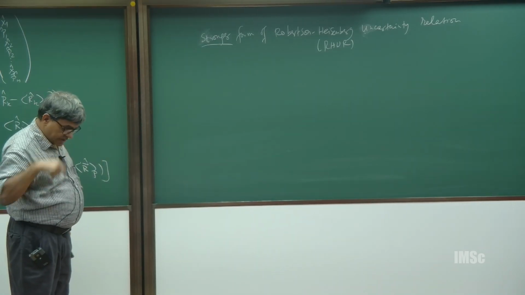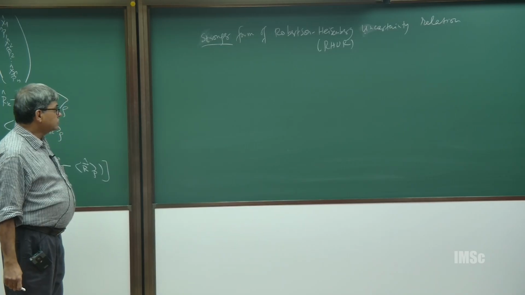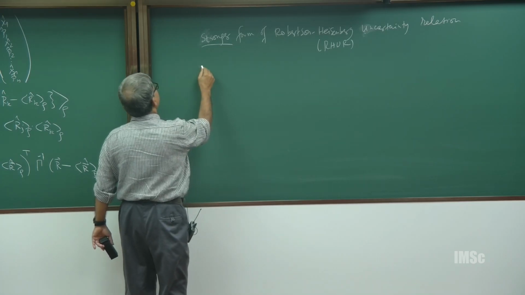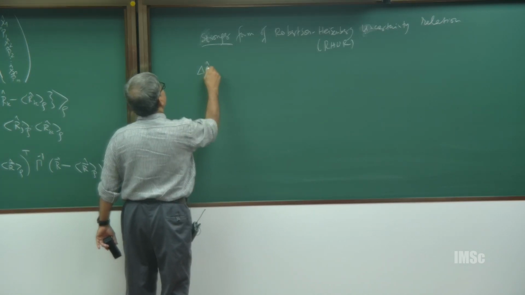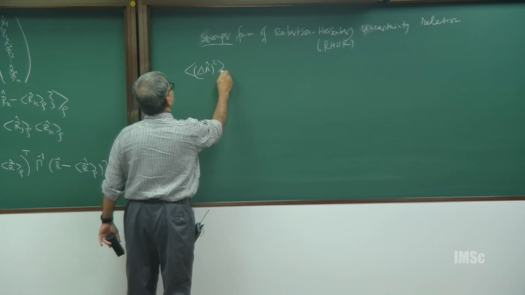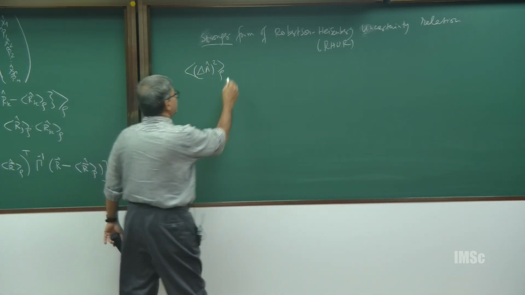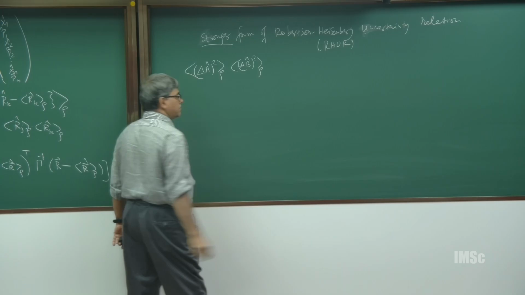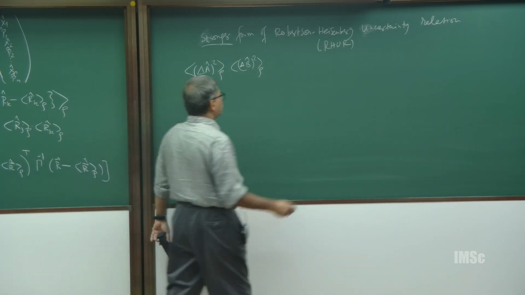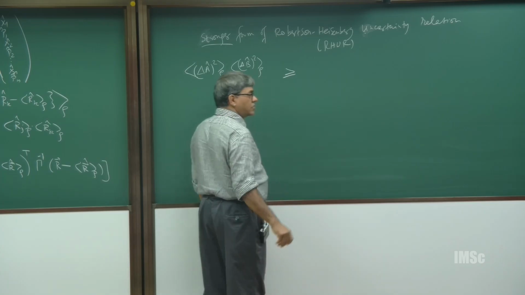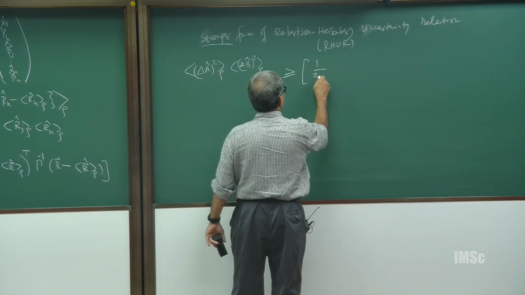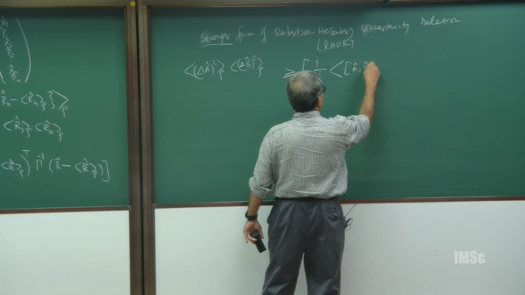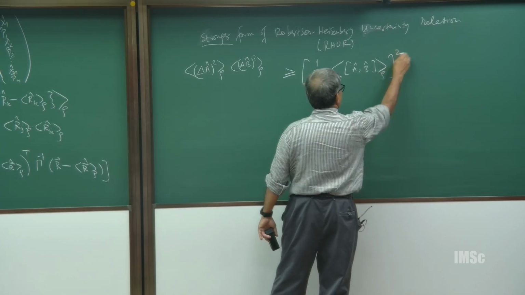So, if I take two observables A and B, then delta of A squared with respect to some state rho, times delta of B squared with respect to the same state rho, should be greater than or equal to one upon twice i, the commutator of A and B with respect to rho, squared.